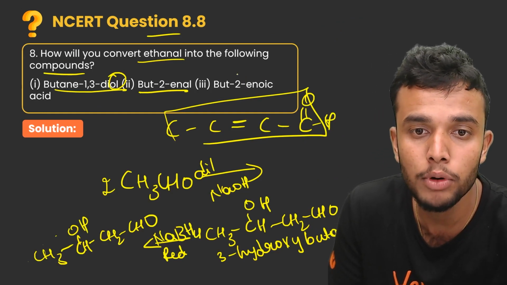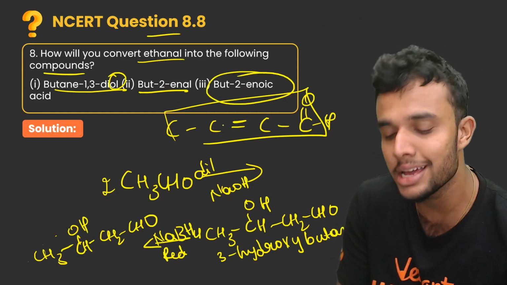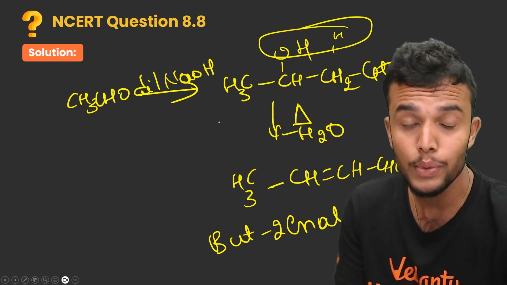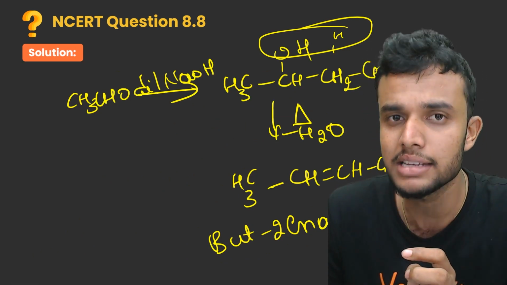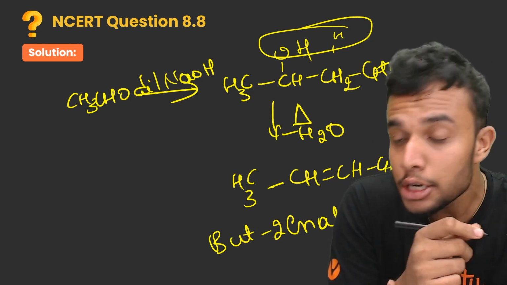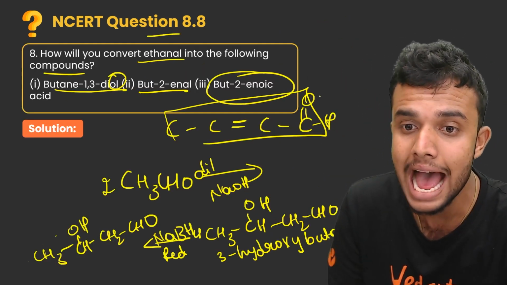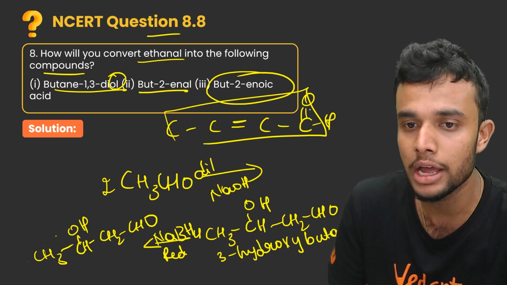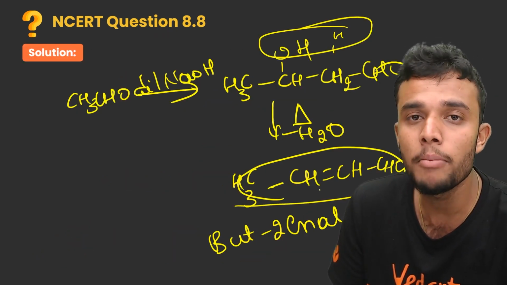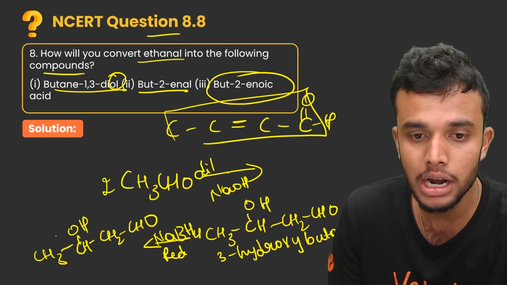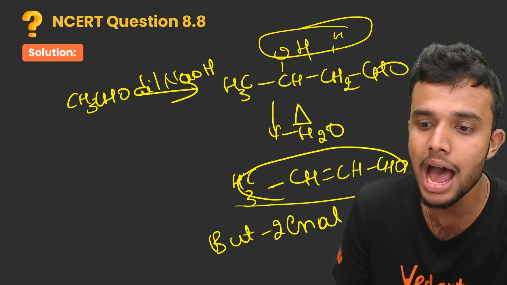The next compound is but-2-enoic acid. We already know the aldehyde reacts in the presence of Tollens reagent to yield the carboxylic acid, right? We need but-2-enoic acid. This step is common for the next one also.